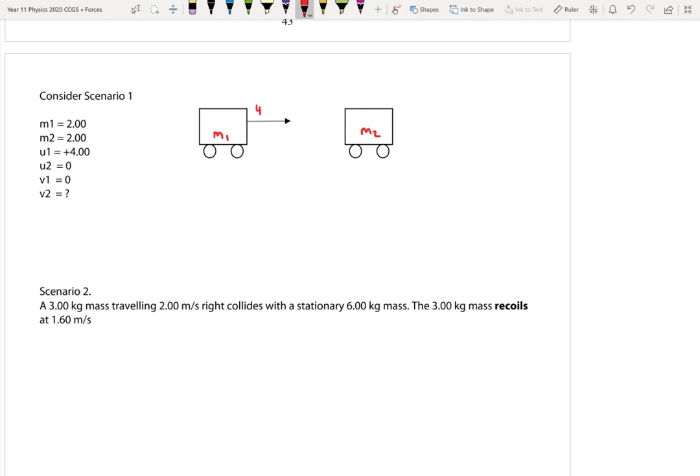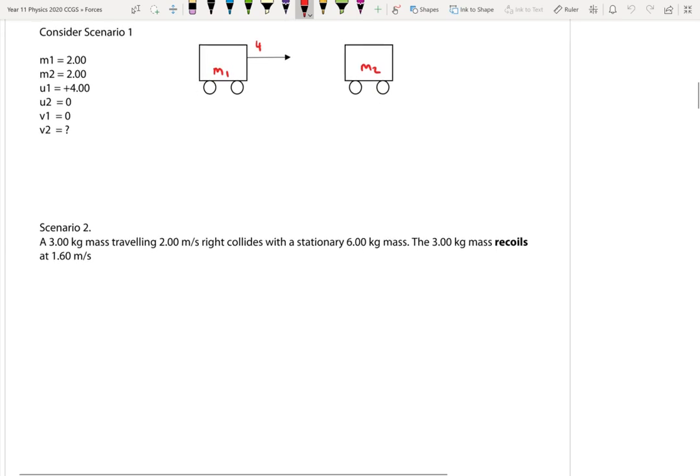The end goal is if mass number 2 was initially stationary, and mass number 1 after the collision is stationary, we want to know what speed did the other cart travel off with. Now, logically, if it's equal masses, then it should be exactly the same speed because all of the momentum was initially in mass number 1, then all of the momentum is then final in mass number 2.